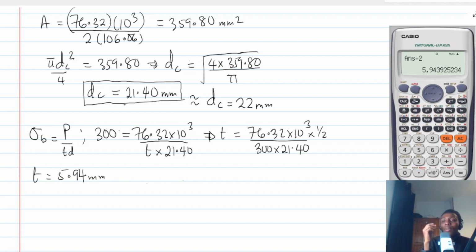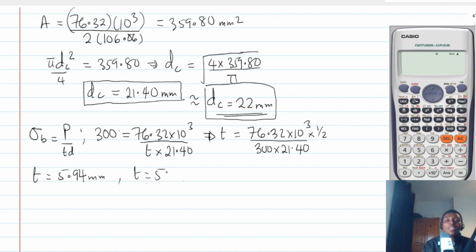When you actually go and buy a bearing, you will choose this diameter. So we don't have a bearing with a decimal point. That's why you have to choose 22. If you put 22 here, you realize that you will get 5.78 as the actual thickness. But for a design question, this one will be 22 millimeters. If you are just solving it, then this is correct.